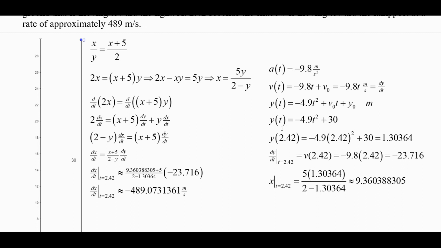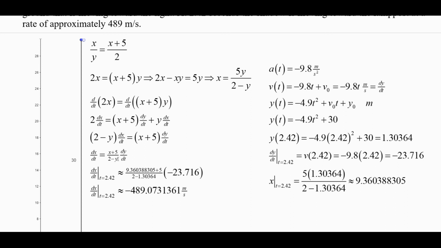Now, if we plug in a time of 2.42, we can find the y, the v, the a. Of course, the a is constant. So we can plug it in this formula right here to find the y, and we see that it's approximately 1.30364. So that was the y.